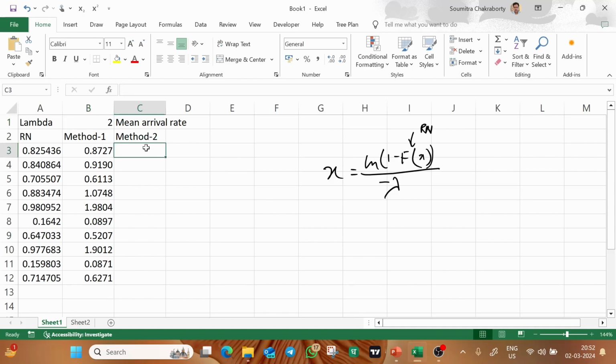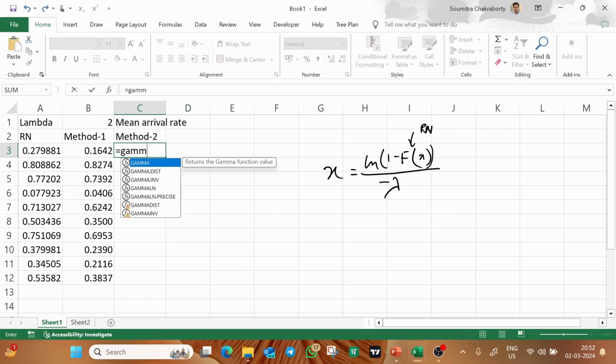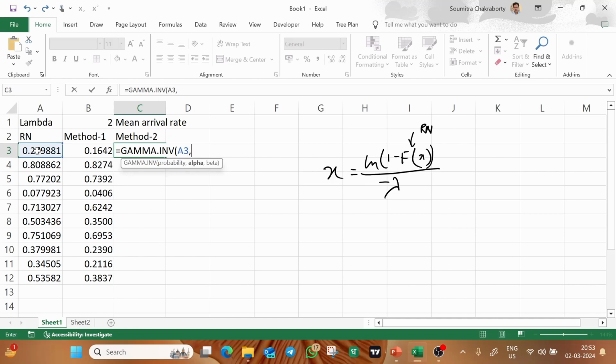Now for method 2, we need to use the gamma distribution. So gamma inverse, this is your gamma inverse function. Then probability, in case of probability, this is basically Fx. So we will write the random number in place of Fx. Then I told you what the alpha and beta are. In this particular case, alpha is equal to 1 and beta is equal to 1 divided by lambda, right? So write that here.